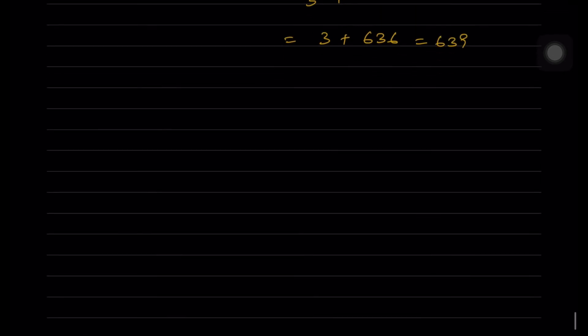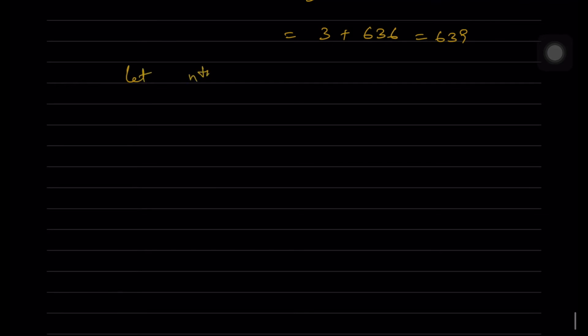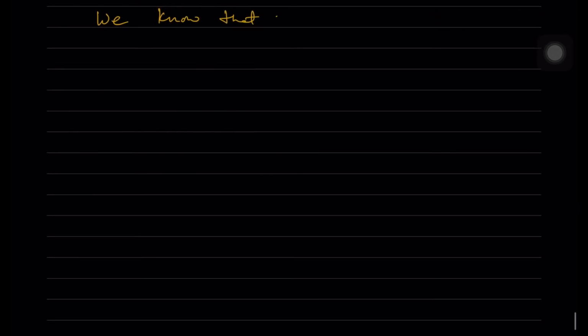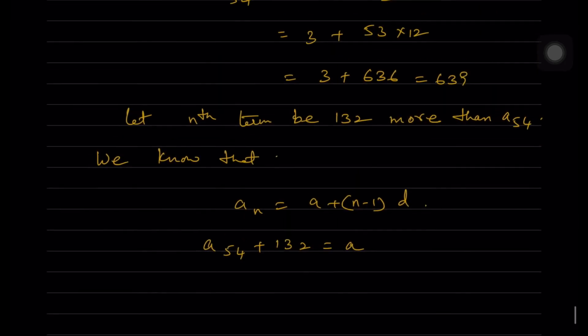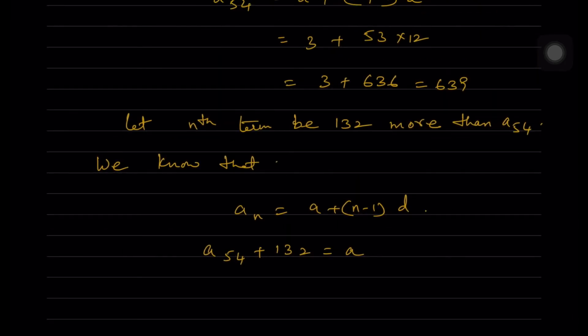So now let the nth term be 132 more than A54. So we know that AN is equal to A plus N minus 1 into D. So A54 plus 132 is equal to AN, because the nth term is 132 more than A54.